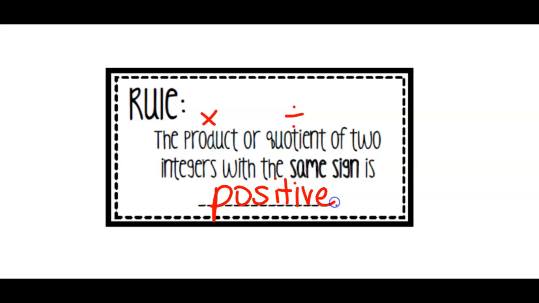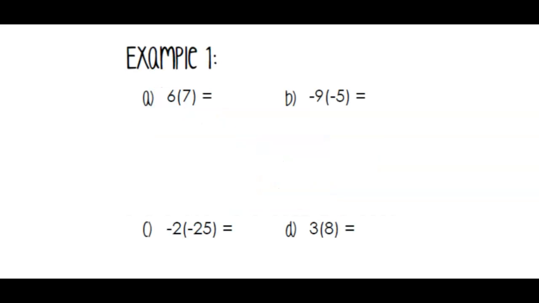So if the signs are the same, you're going to have a positive answer no matter what. And we're going to do some examples so you understand what that means. So example A under 1. Remember, if there's no multiplication sign, like on this one, there's no dot, there's no times symbol, that still means multiplication because the numbers are touching and they're using parentheses to show that.